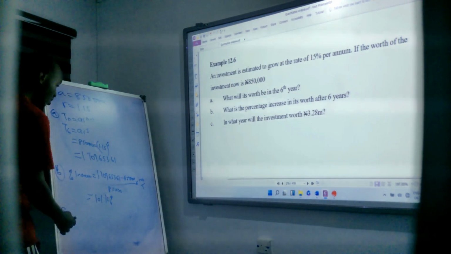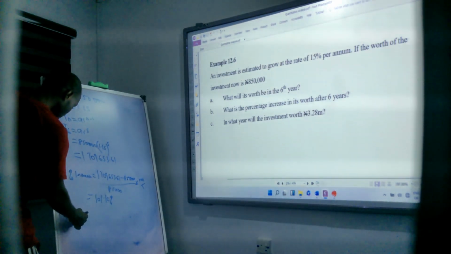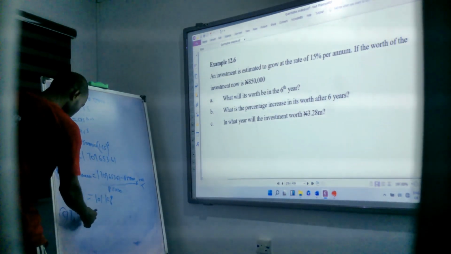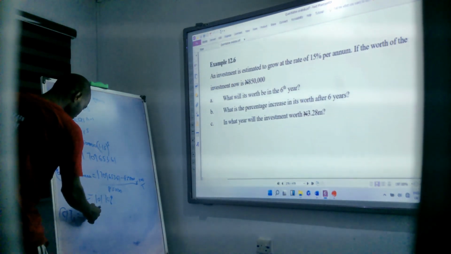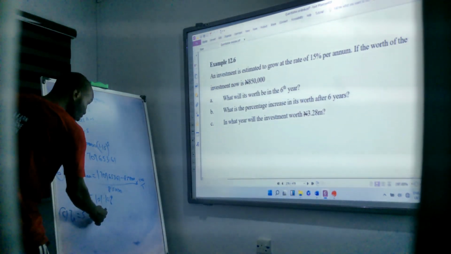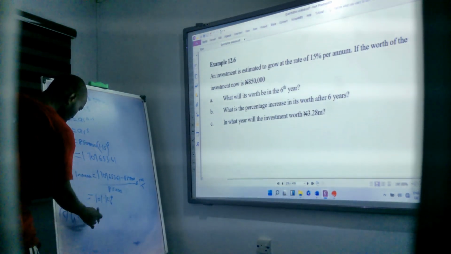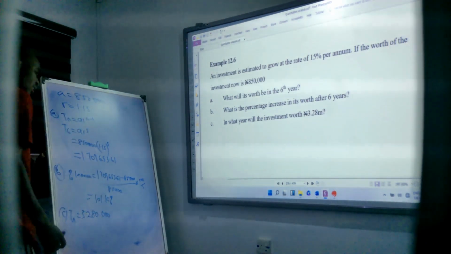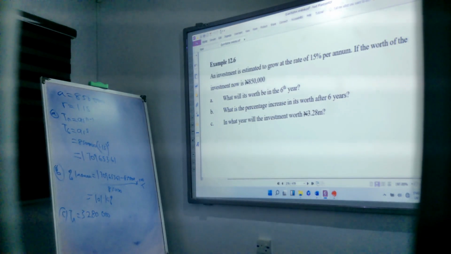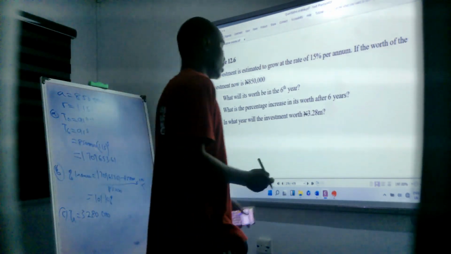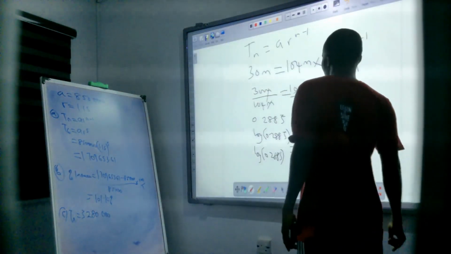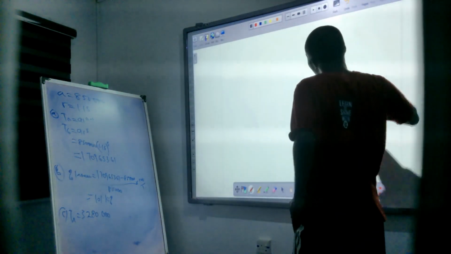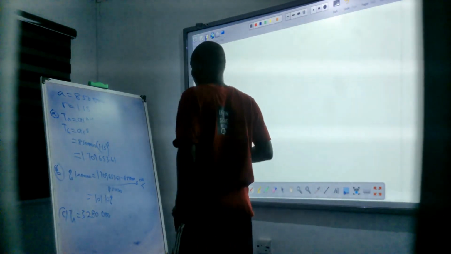In what year will the investment be worth 3.28 million? So we are looking for n, where our Tn is 3.28 million, which is 3,280,000. Let's use the digital board to solve that.